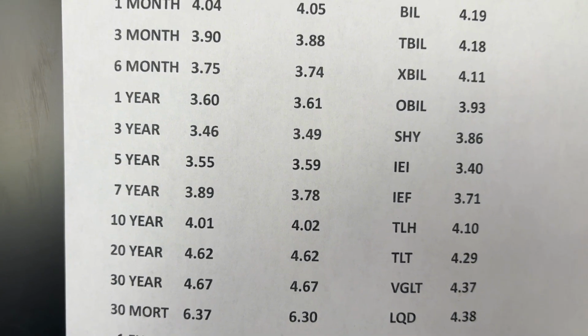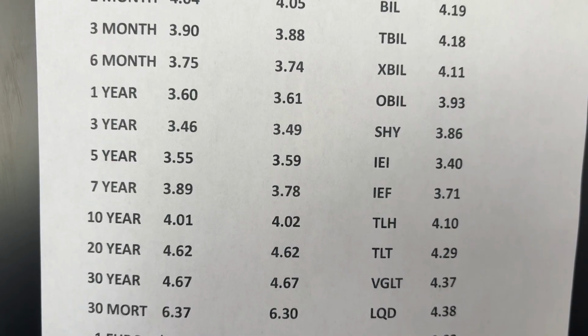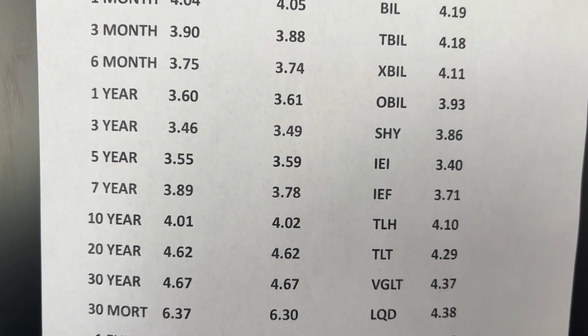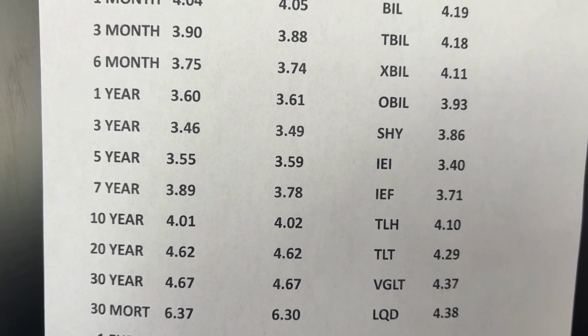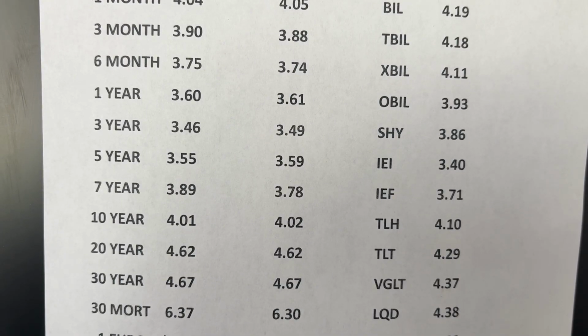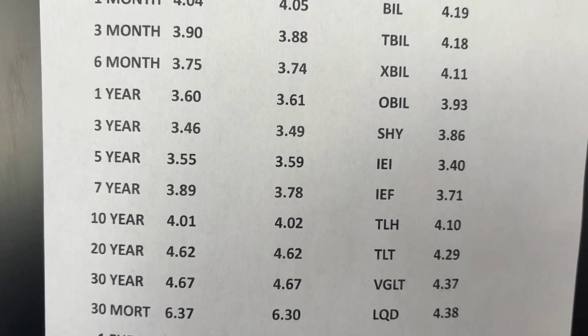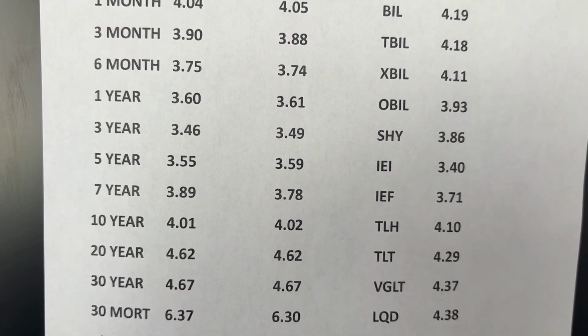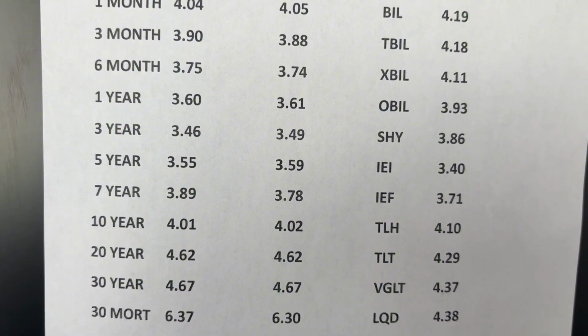The 30-year mortgage is 6.37. And notice over that period of time, the various ETFs also are increasing their yield. For example, the 10-year yield there on the TLH is 4.10. The 20-year, the TLT, climbs to 4.29 and so forth.